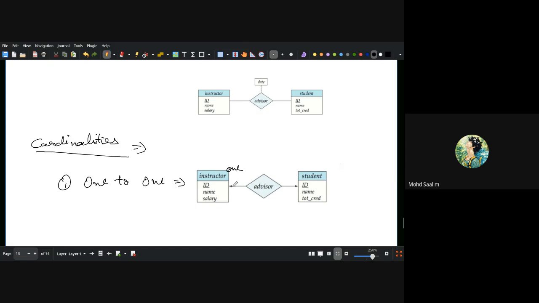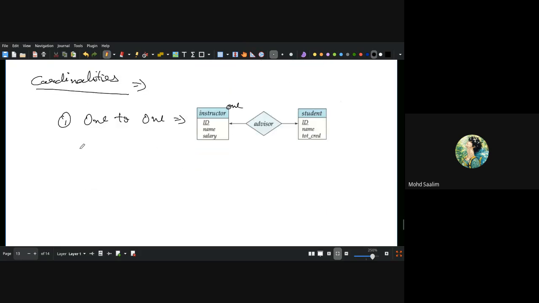In simple words, when you see the arrow, then it means one. If you don't see the arrow, it means many. And it will be very clear with the remaining diagrams.